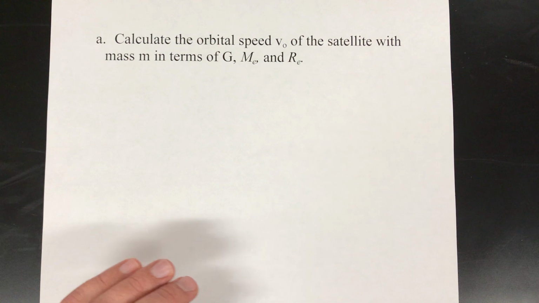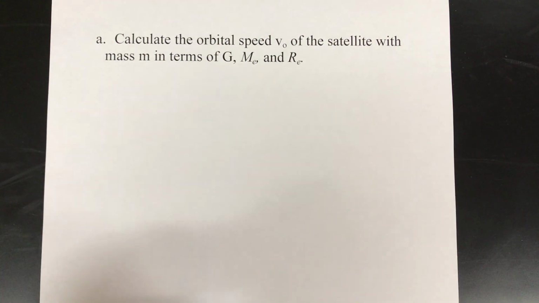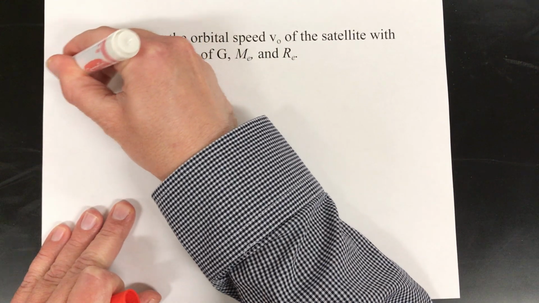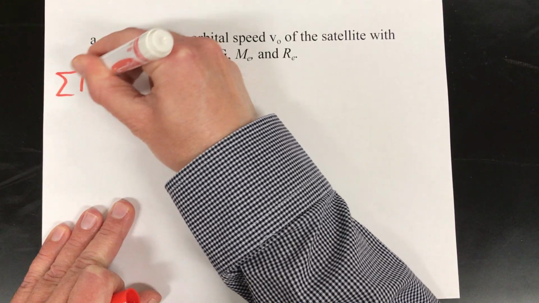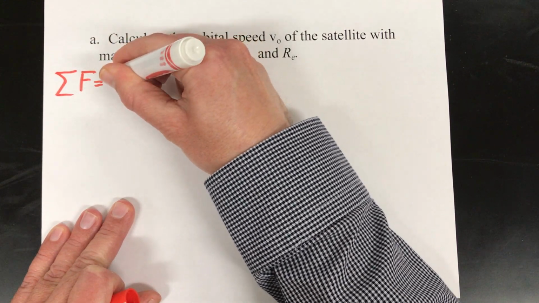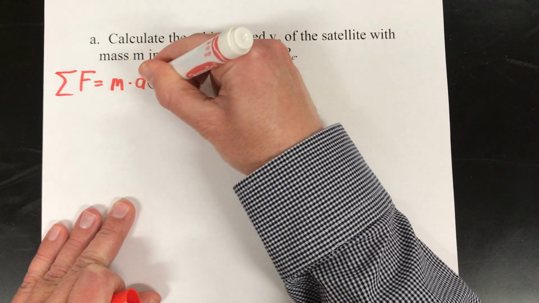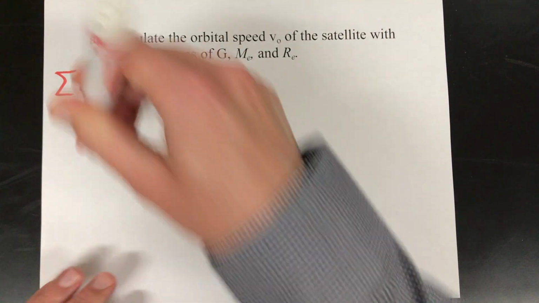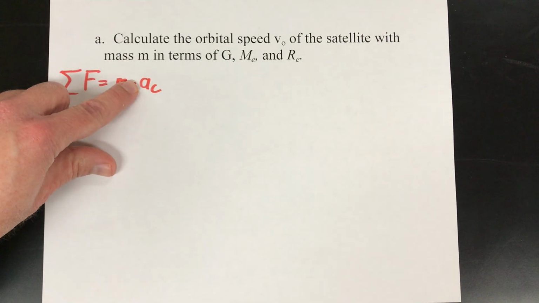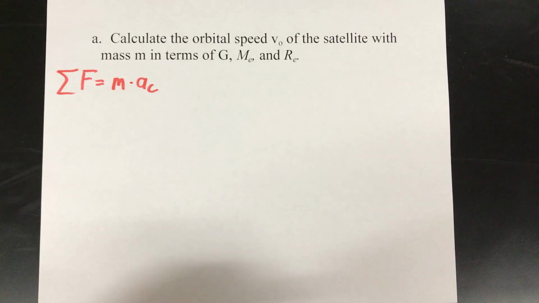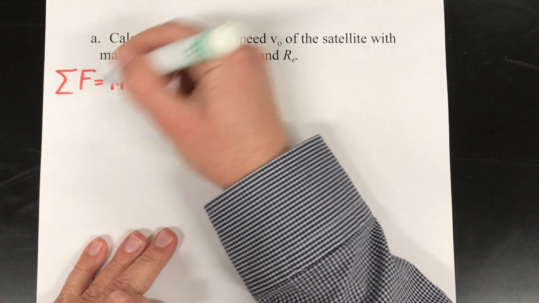So let's start to write this down. First step, as we do in all of these centripetal motion problems, is we say the sum of the forces is equal to the mass, and this is just a generic mass of something going in a circle, times centripetal acceleration. So F equals ma, but the a is the centripetal acceleration because we're going in a circle. Now here's where we normally add up all of our forces.